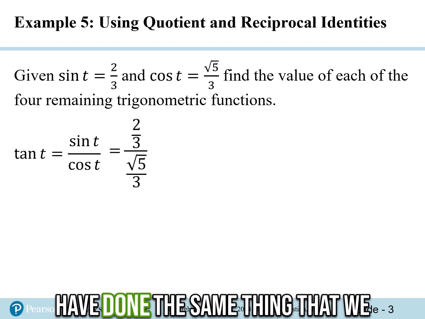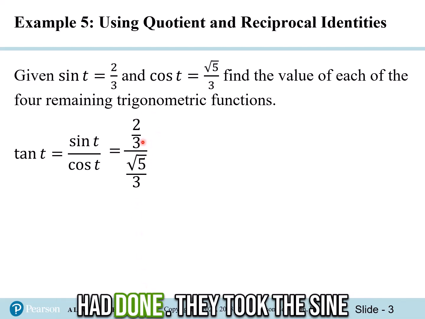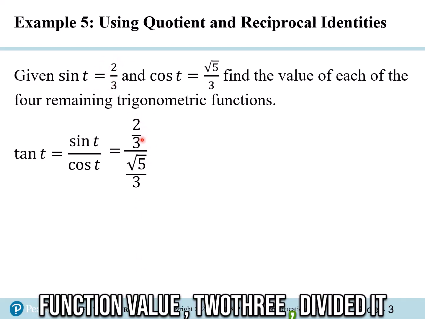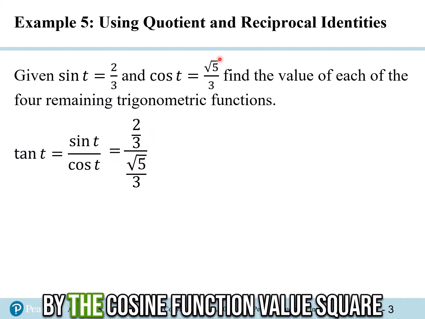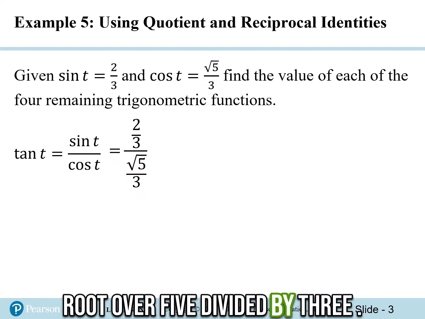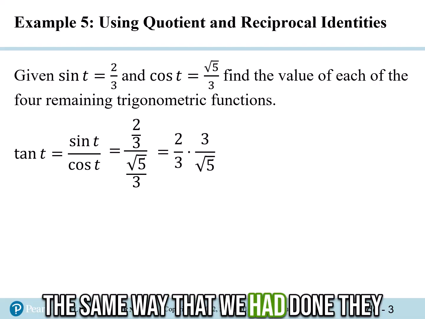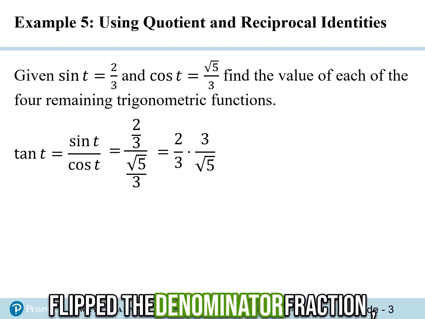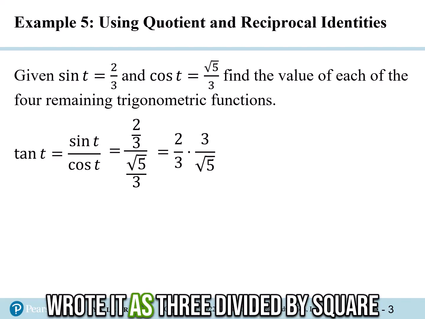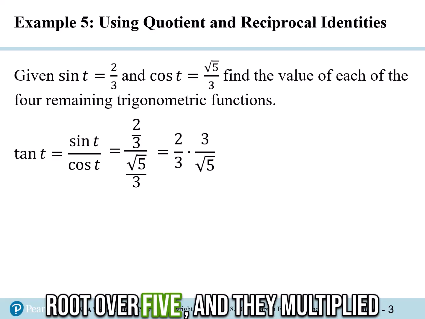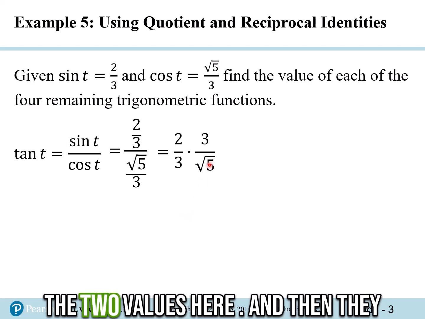So here they have done the same thing that we had done. They took the sine function value 2/3, divided it by the cosine function value square root over 5 divided by 3. When they performed the division the same way that we had done, they flipped the denominator fraction, wrote it as 3 divided by square root over 5, and multiplied the two values.